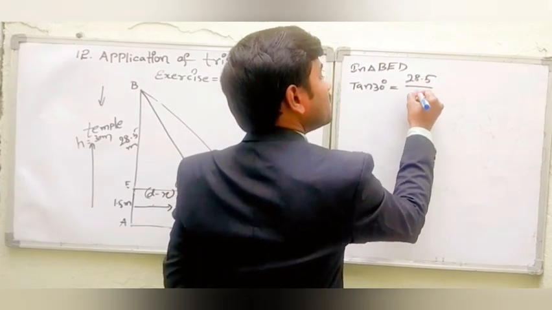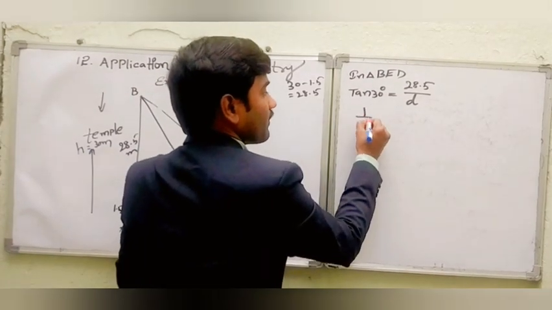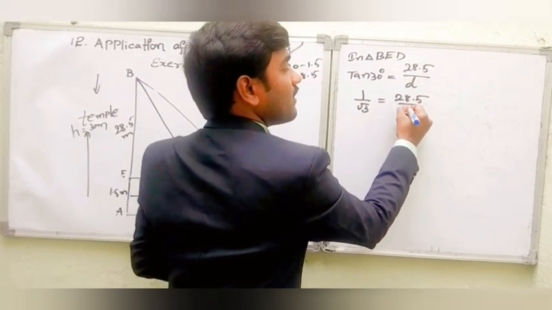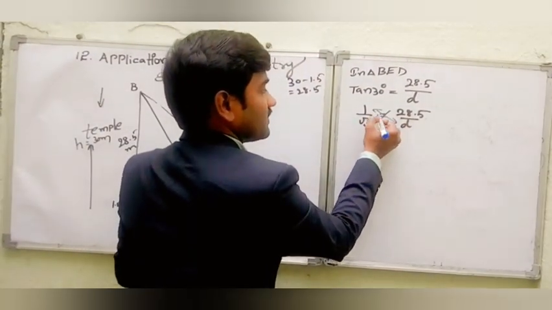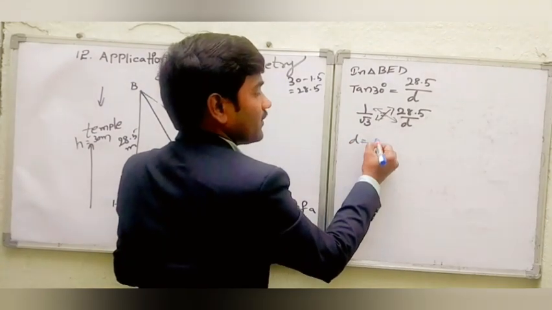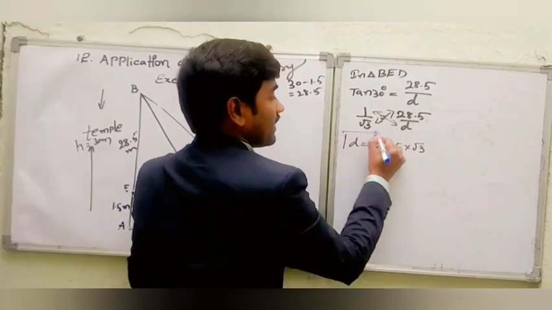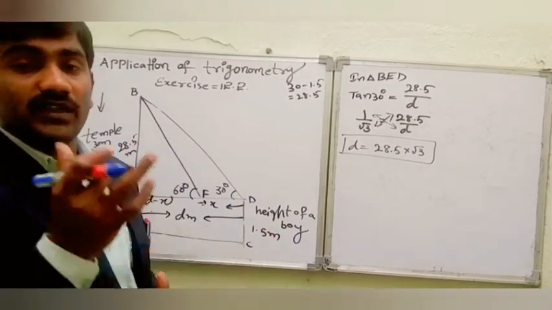So tan 30 equal to 1 by root 3 equals 28.5 by D. Hence, by cross multiplication, D equal to 28.5 into root 3. So this is the complete distance starting from the temple.